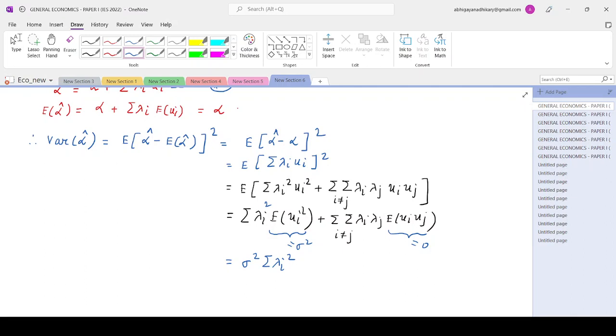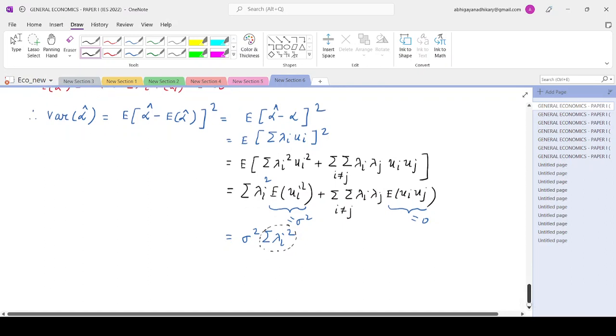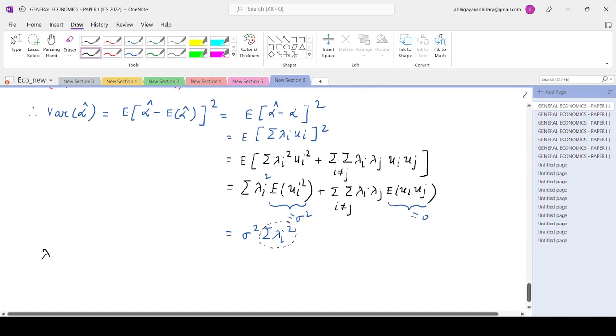So now the only thing that remains is computing this expression. What exactly is my summation lambda i square? So let's get back to it. What is my lambda i? It is 1 by n minus x bar w_i. This is what it is. So what is lambda i square?